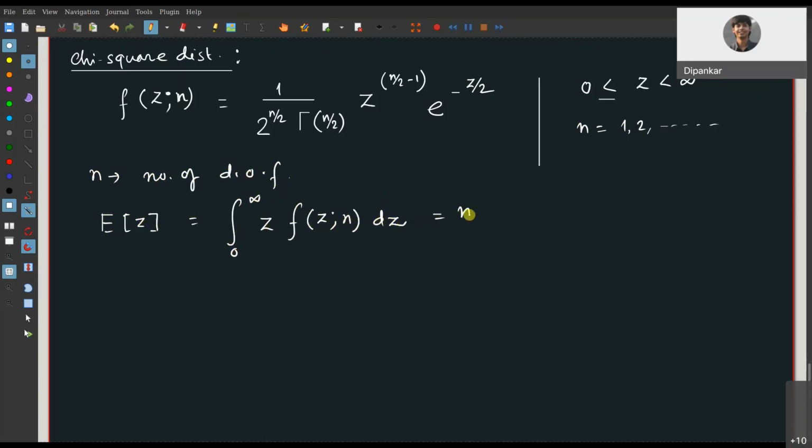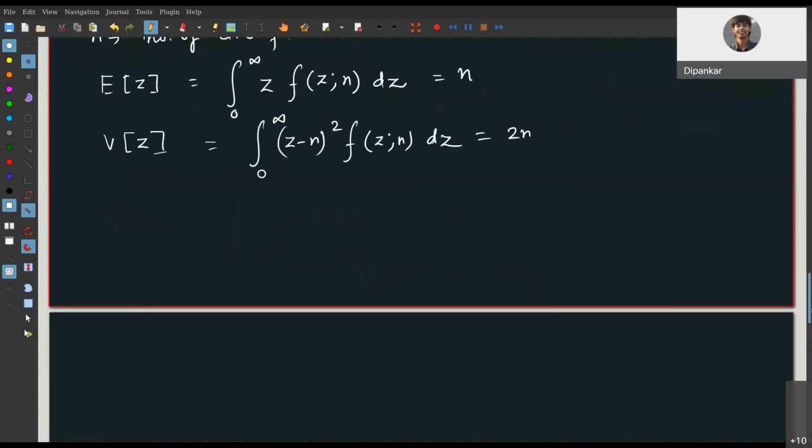This would be equal to n, and the variance of z, which is the integral from 0 to infinity of (z minus n) whole square f(z; n) dz, would be given by 2n. If you actually do this integration, you will find these values.